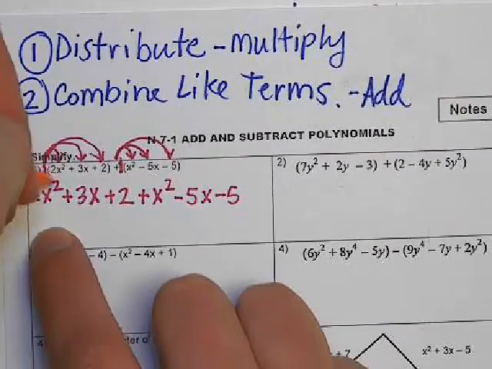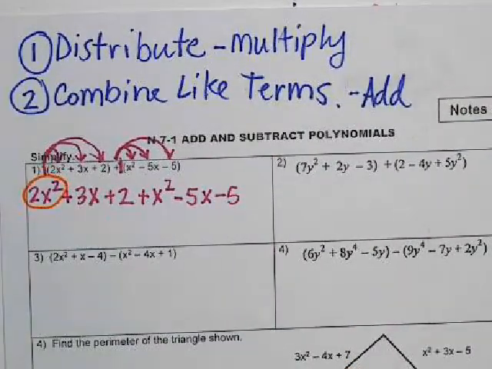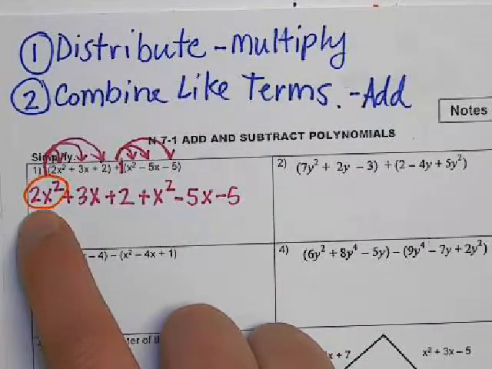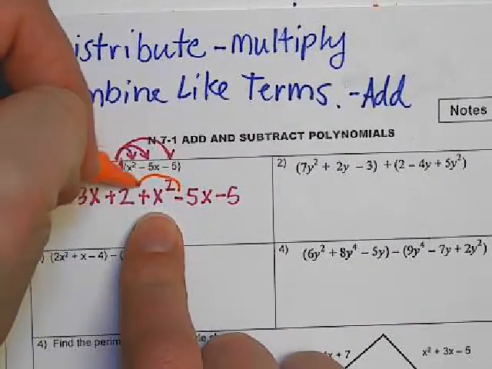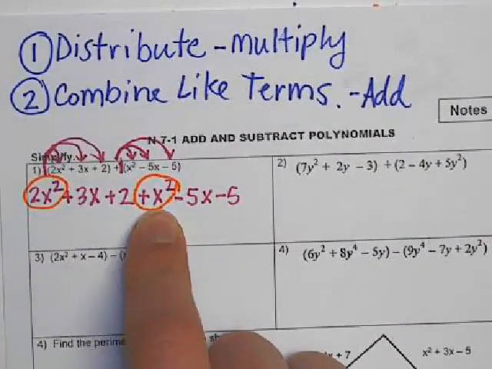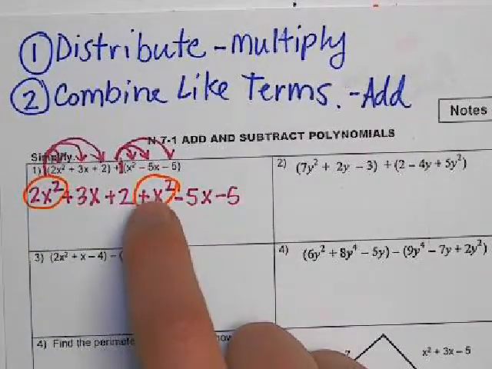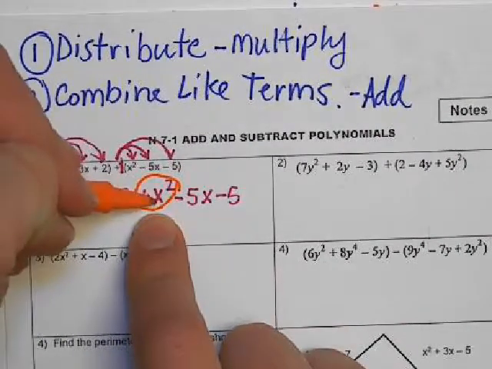I want everybody to start by circling 2x squared. Circle it. What else is like terms with 2x squared? Just regular x squared. Now watch when I circle it, I include the sign in front of it. See how I included the sign in the circle? Now what number is in front of this x squared?